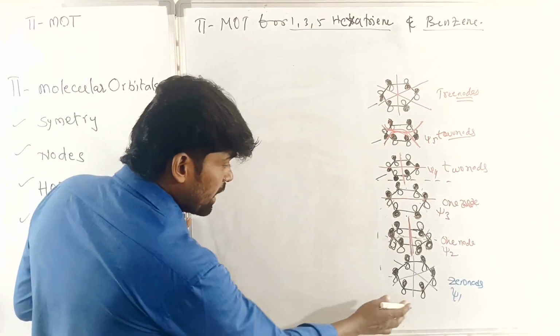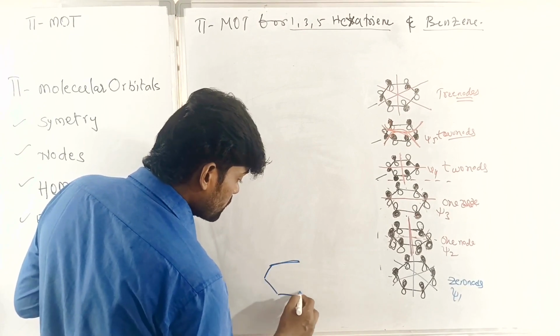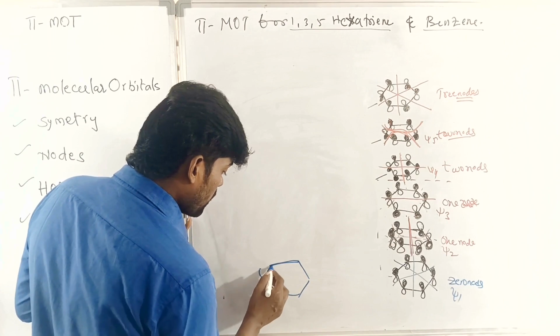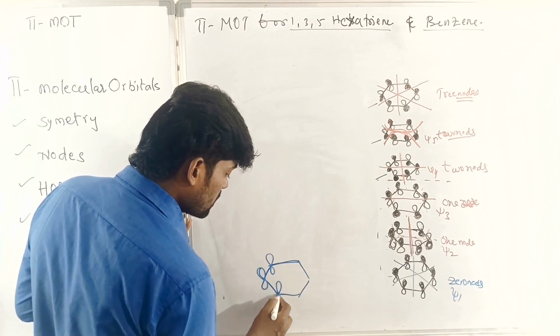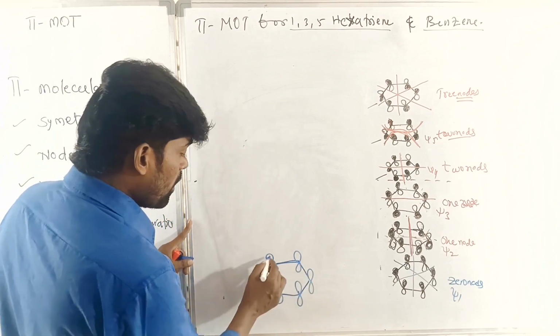Psi 1 is the very ground level with respect to nodal planes, nodes. So in psi 1, C1, C2, C3, C4, C5 and C6 are all upside.